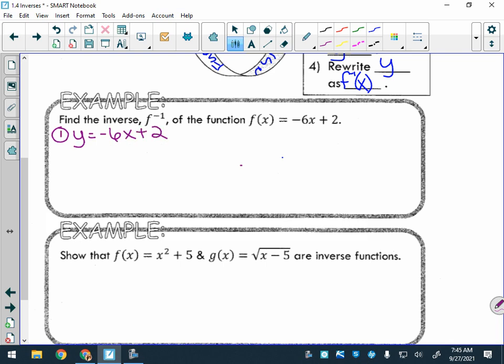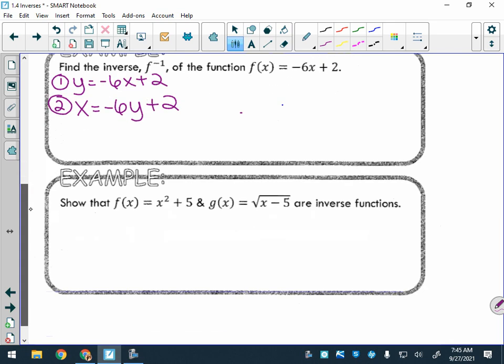When you get going, you will already pass this step, because you know f of x means y. So now, in step number 2, we're switching the x and y. So it's x equals negative 6y plus 2.